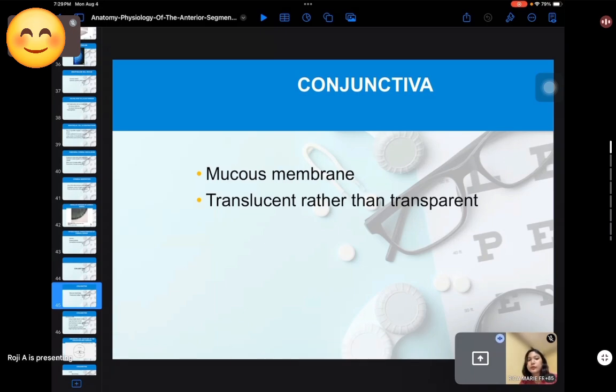You cannot have conjunctiva on the cornea because you will make the cornea translucent. But remember, our cornea is transparent. Are we clear? Any questions so far?